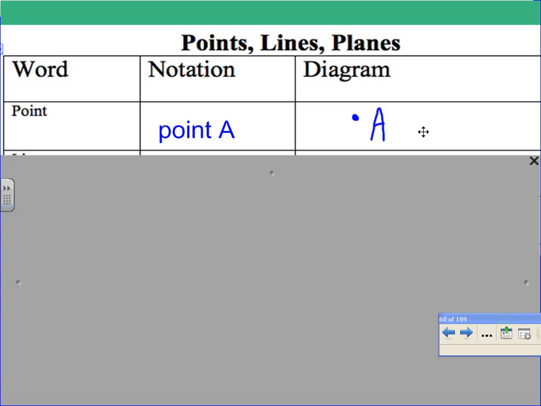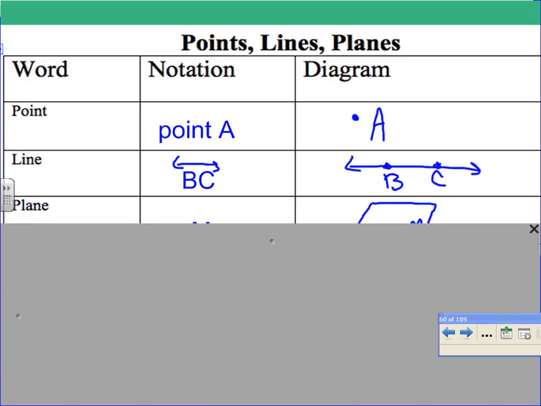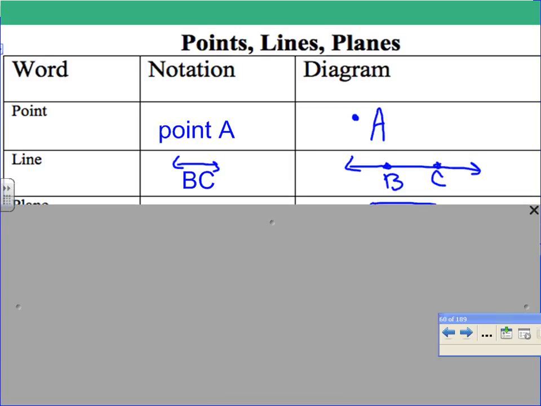Okay, next one. What's a line? Who can just tell me? Jeremy, what's a line? Okay. Good, like JK, just kidding. Going forever, going on in both directions. So I used BC. JK would be much more exciting. Okay, the line, I should say, has arrows on both ends.